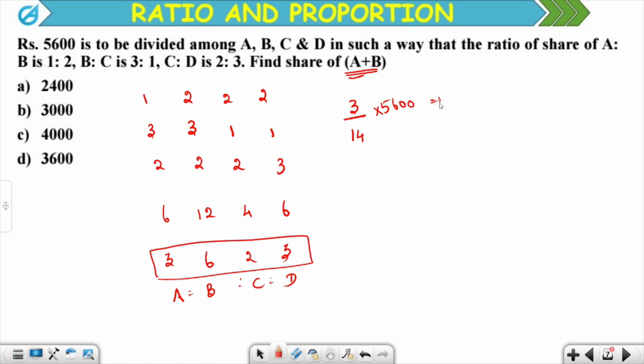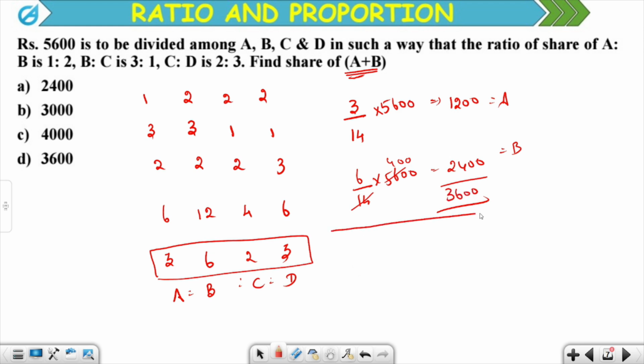So we'll be getting 1200, and the value of B is 6 by 14 into 5600. Again, it is 400 times 2, so we'll be getting 2400 as the value of A and the value of B is 3600. So this is one method.